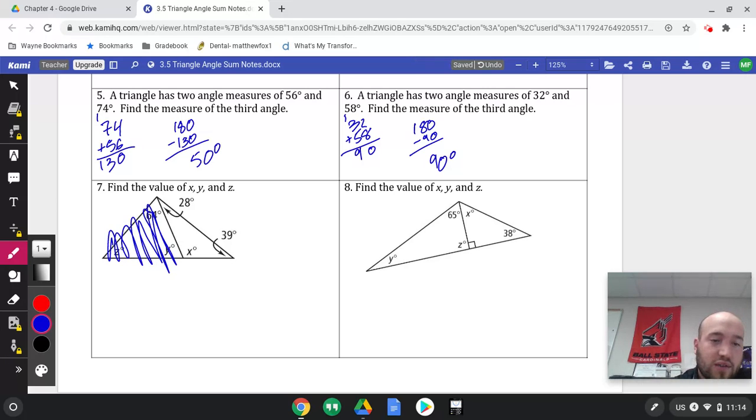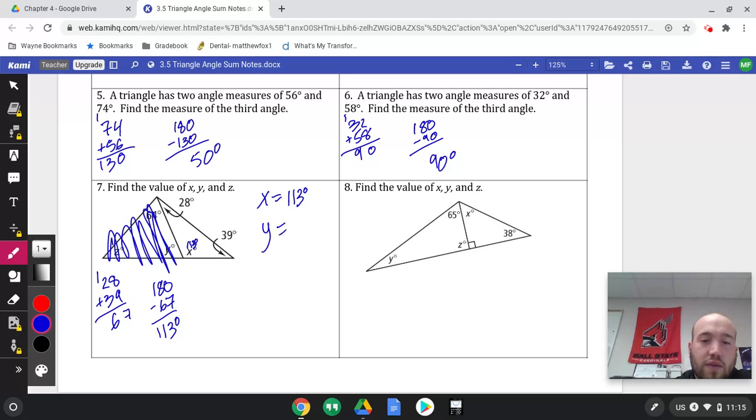To find x, we'll do 28 plus 39, and we get 67. Then 180 minus that 67 leaves us with 113 degrees. So that goes right here. Maybe up here you can also put x equals 113 degrees.